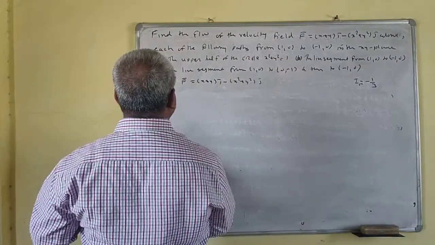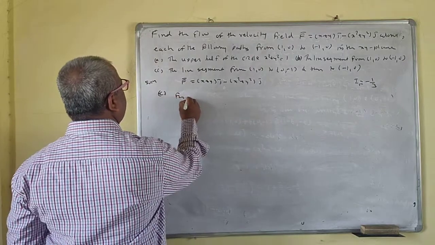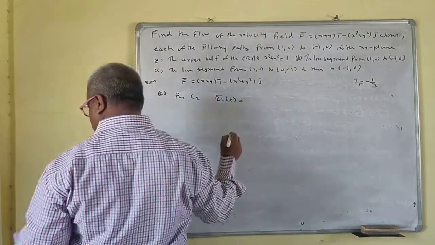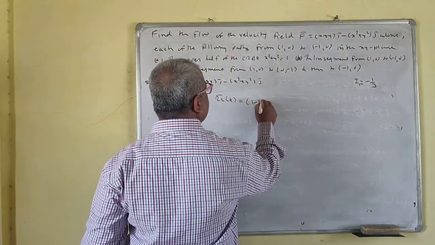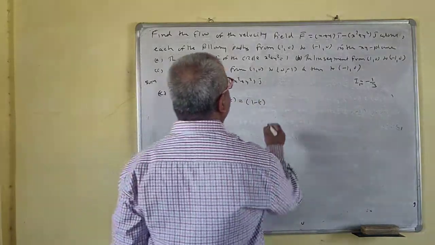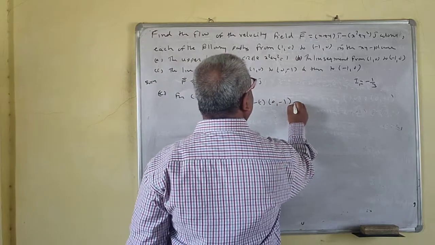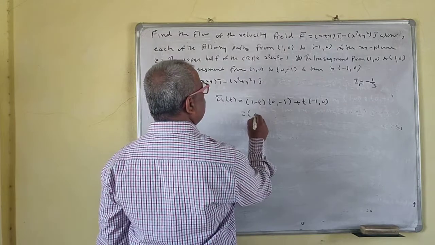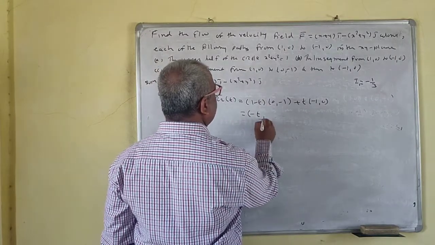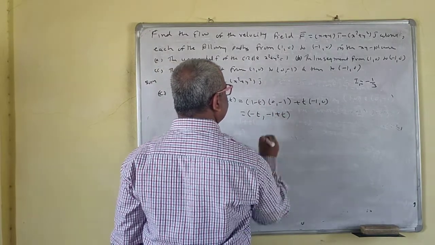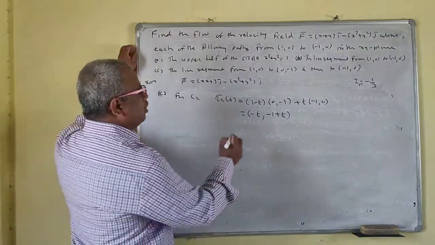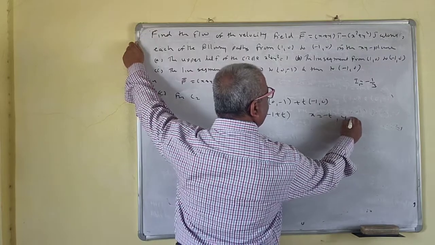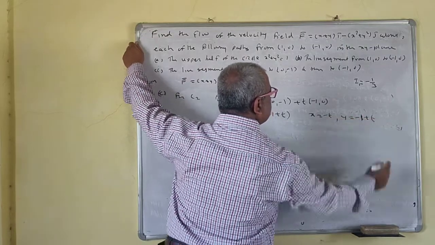Okay, so now for C2, R2 bar of t is 1 minus t, 0 minus 1 plus t, minus 1, 0. So this is minus t, and minus 1 plus t. So x is equal to minus t, y is equal to minus 1 plus t.